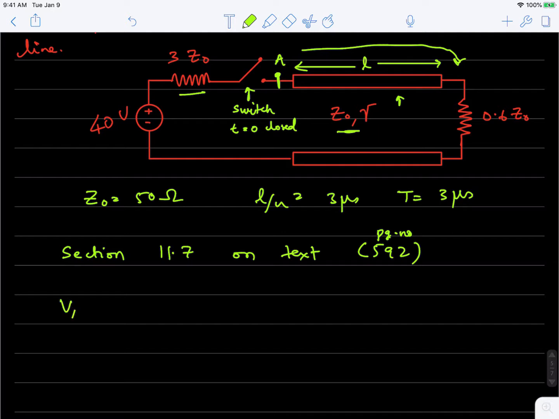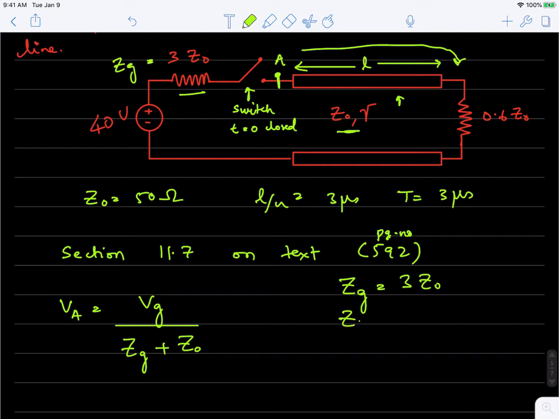So the voltage at A is equal to Vg divided by Zg plus Z0. Now we know that Zg is equal to 3Z0, which is given here, and Z0 is the transmission line impedance.